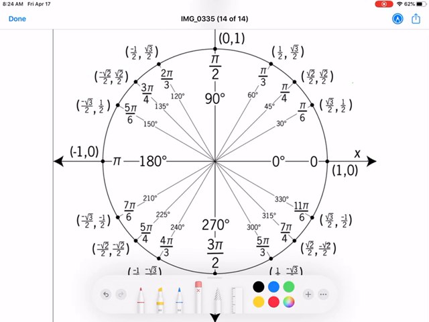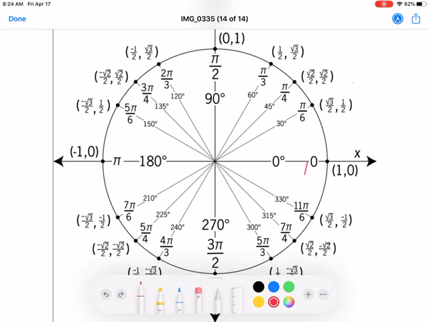So, negative angle. Everything always starts at 0, obviously. It starts at 0. And I'm going to go the entire way around the circle. But since it's negative, I'm going to go down. So instead of going up first and getting positives, I'm going to go down. So negative.